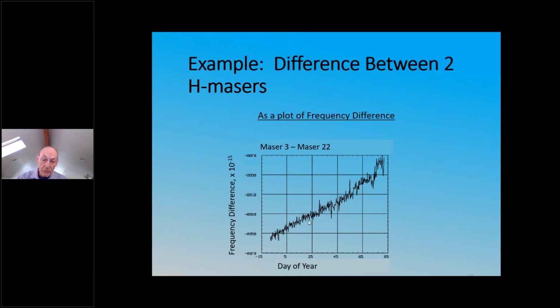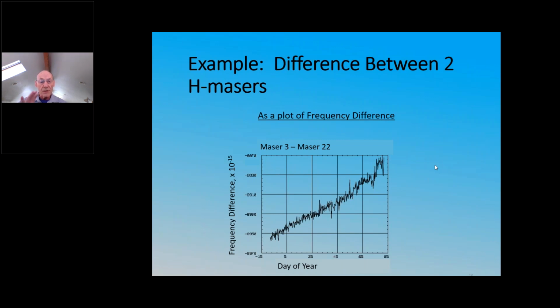So there's a linear frequency drift, so you see it wandering up to the right in almost a straight line. And then you see noise around that. The noise around that is the stochastic noise of the hydrogen masers. So there you see all the parts of the model. There's the time offset, the frequency offset, and the noise.